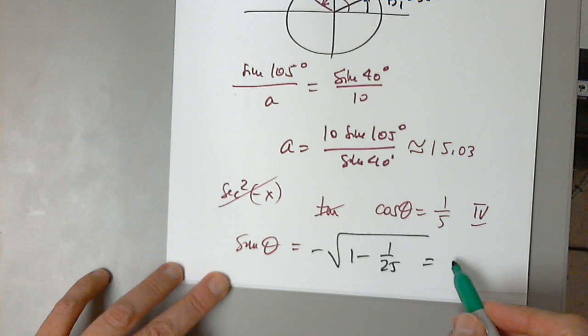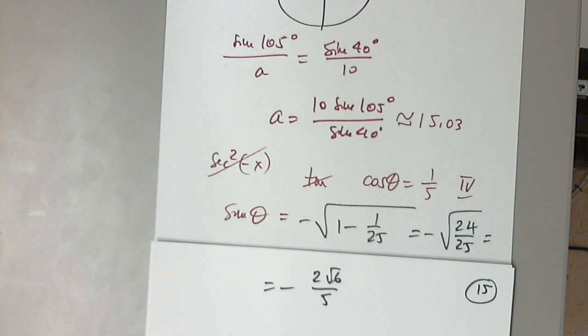Again, this is me. If you would like to use the triangle, I think it's more difficult because you have to find the hypotenuse. Without the hypotenuse, you are not going to be able to find the other trig function. But it's up to you. So that is possible. I can't think of anything else.